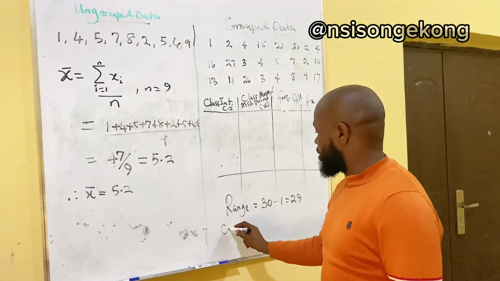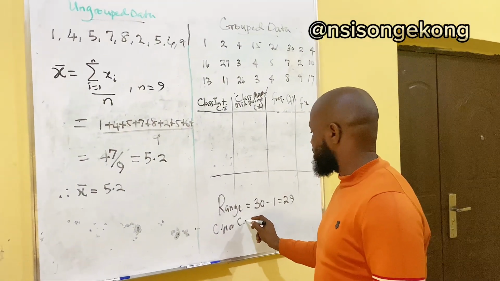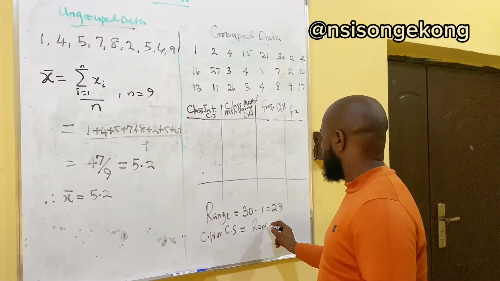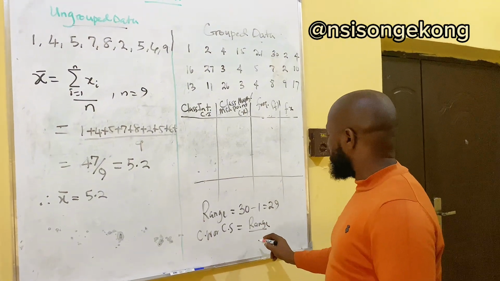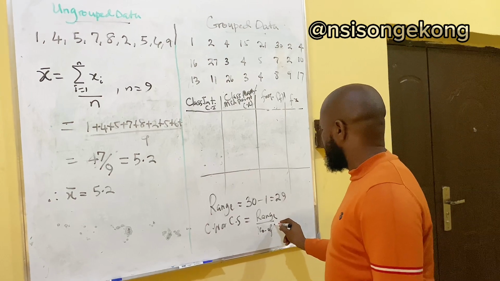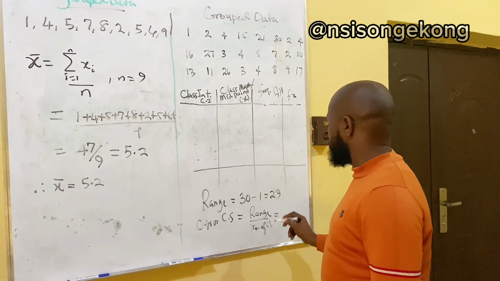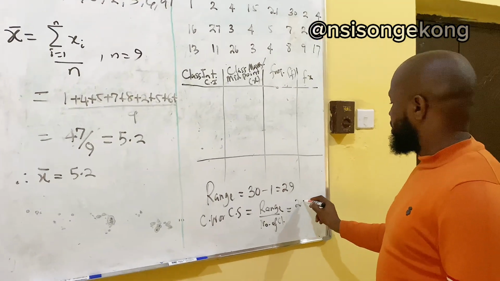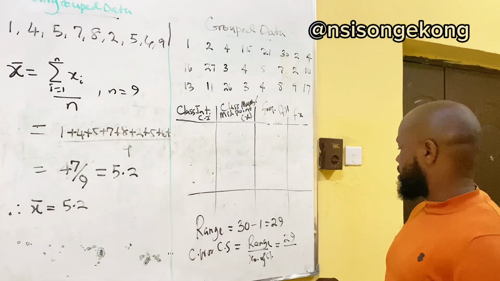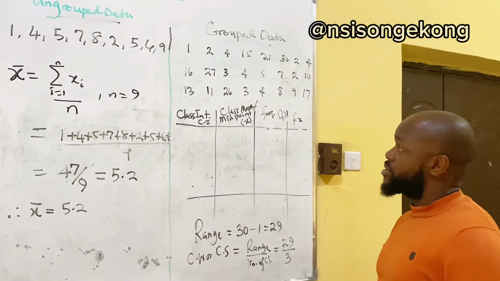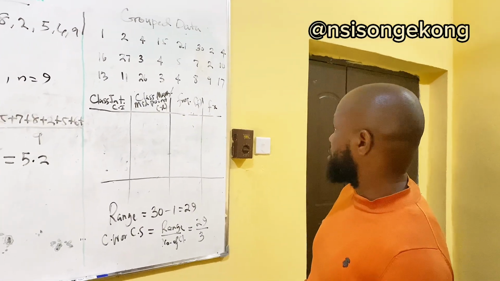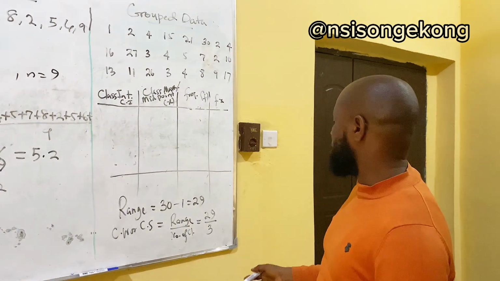That is the class width or class size. It's simply the range divided by the number of classes. Number of classes we want to partition our data set into, and that is 29 all over 3. I need to partition my data set into 3 classes, and that is solely at the discretion of whoever is doing the calculation. Another person may choose to partition the same data set into 4 classes, but I choose 3.